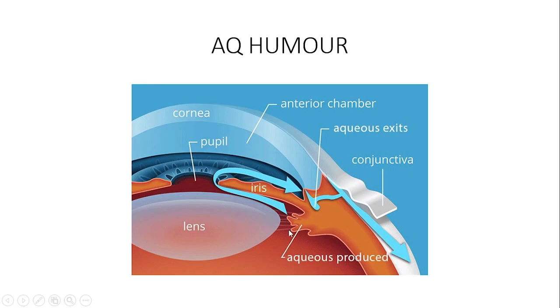And once it is high, there will be increased ultrafiltration and diffusion, increasing aqueous humor production, and of course an increase in intraocular pressure. And this method is non-dependent on the existing intraocular pressure. So you are prone to having increased pressure in the eye.